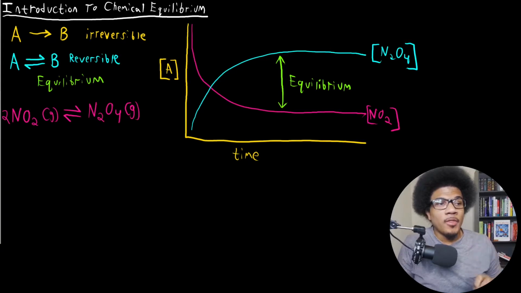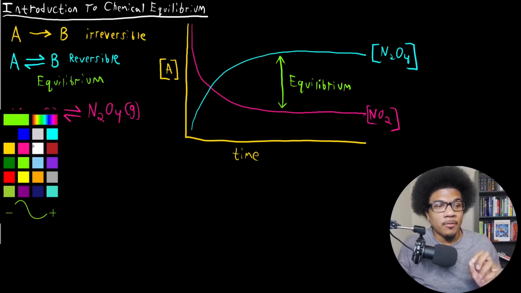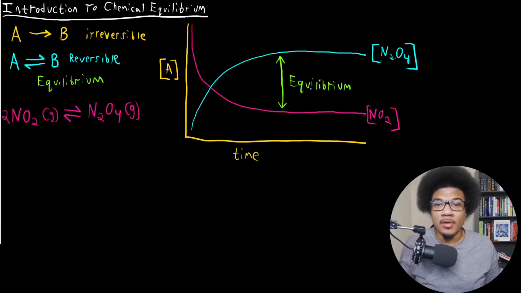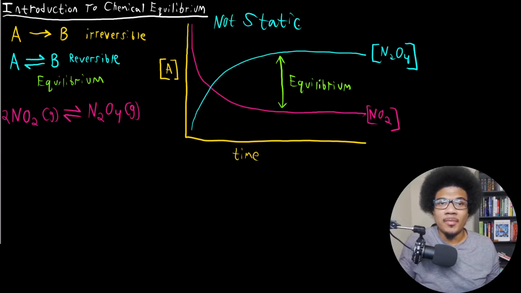Now, one thing that I want to clear up from the beginning, and that I think a lot of students get confused with: just because these concentrations are no longer changing, that does not mean that this reaction has stopped. That doesn't mean everything has stopped. Equilibrium does not imply a static process.